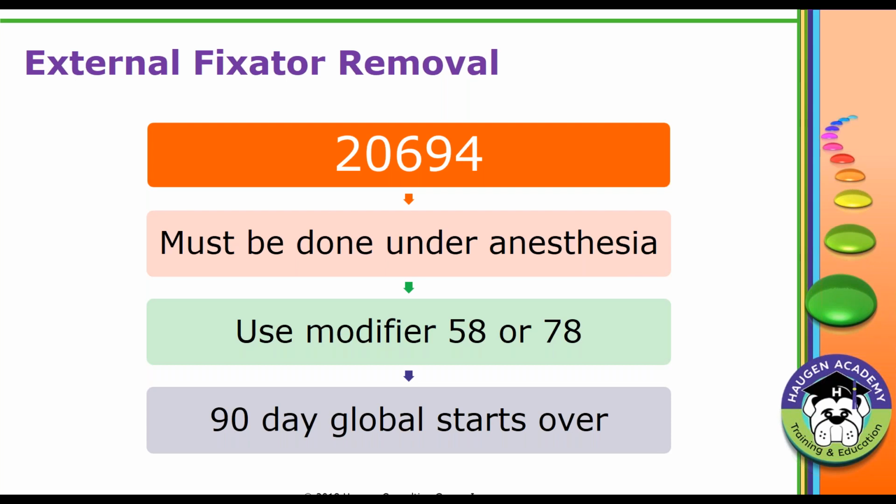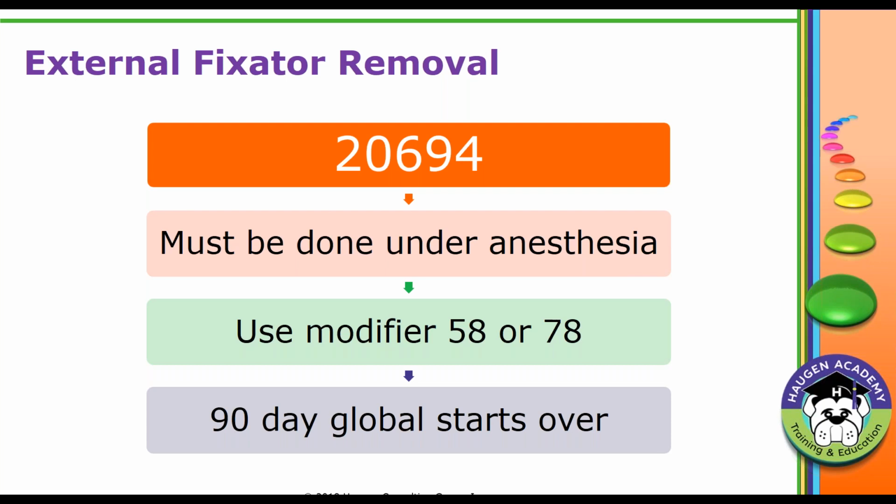So I was thinking Modifier 78 you would probably use if something got infected and it really wasn't planned that the patient was going to have that external fixator removed under anesthesia. You would probably use Modifier 78 versus Modifier 58 if it was just more of a routine healing and they knew they were going to take it out, but it was in the original 90 days.